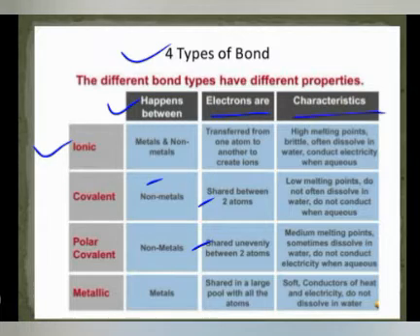If we talk about characteristics, ionic has a high melting point, is brittle, dissolves in water, and conducts electricity when aqueous. Whereas covalent has a low melting point, does not often dissolve in water, and does not conduct when aqueous. Polar has a medium melting point, sometimes dissolves in water, and does not conduct electricity when aqueous.